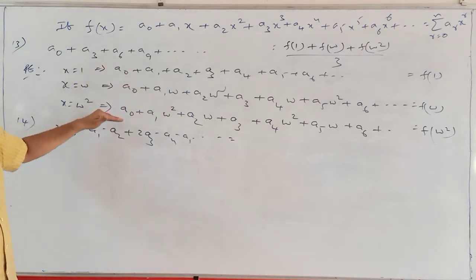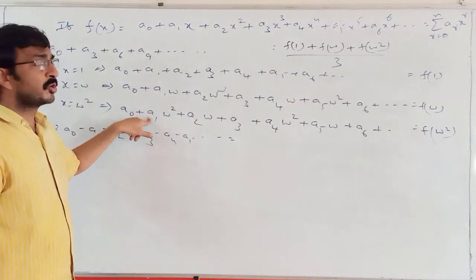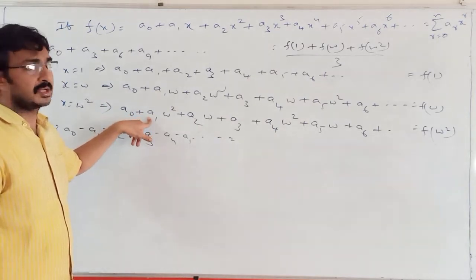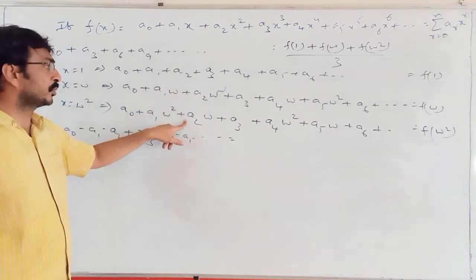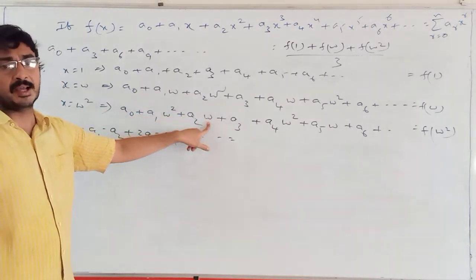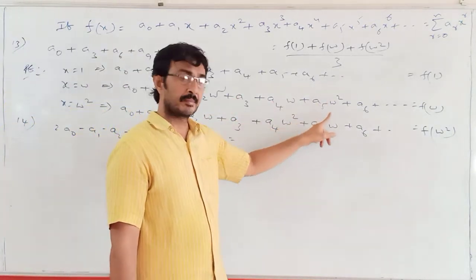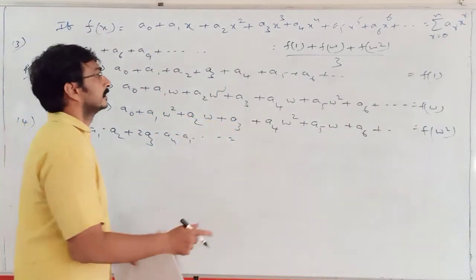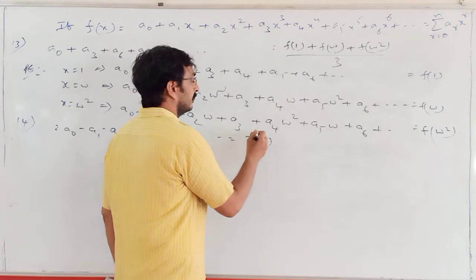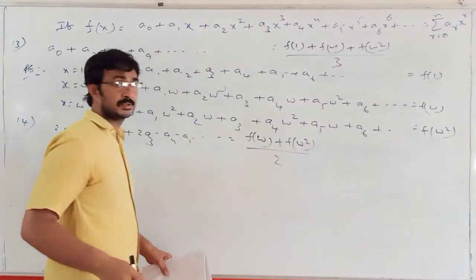Adding these two, we get 2a0 plus, by taking a1 common, omega plus omega square, value minus 1, so 2a0 minus a1. Again by taking a2 common, omega square plus omega, value minus 1. Next 2a3, next minus 1, plus 2a6 and so on. So clearly this is f of omega plus f of omega square, by 2.